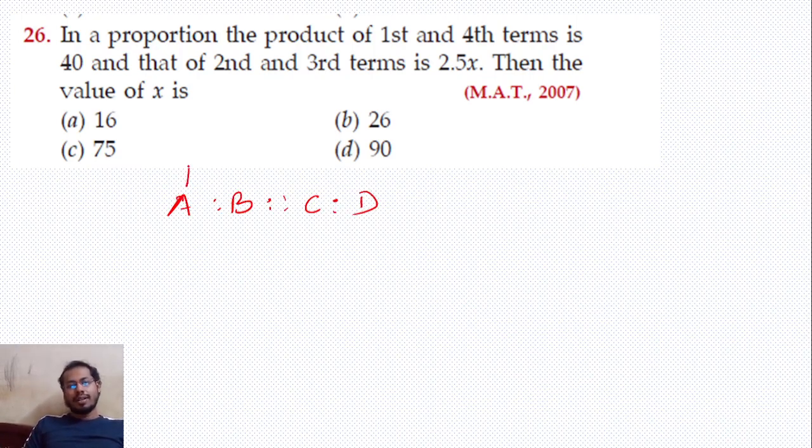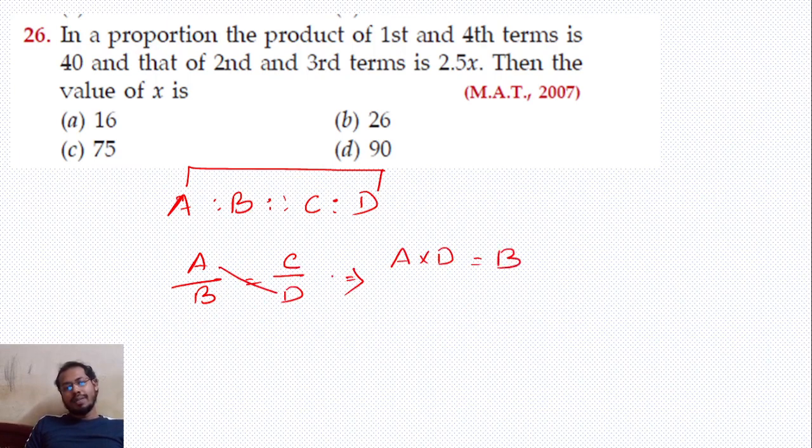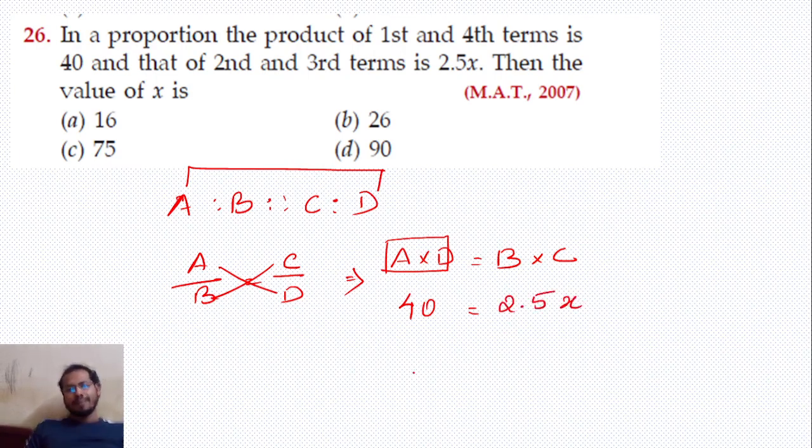I will write a by b is equal to c by d. If I rewrite this, a into d is equal to b into c. They gave this product as 40, and second and third is 2.5 times x. So to find x, 40 over 2.5 will be the answer. So x value is 16. Correct?